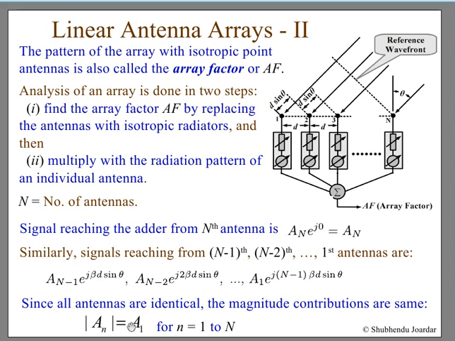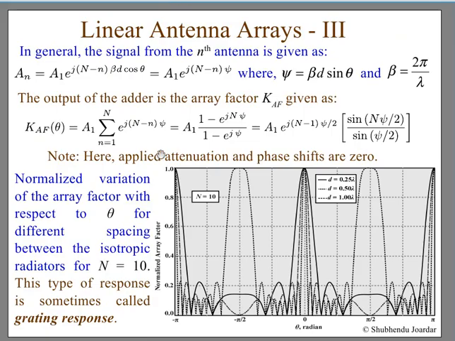And also we have assumed that the antennas are identical and the magnitude contributions are the same. So the magnitude of A_N is equal to A_1, where N stands for any antenna, from 1 to capital N. In general, the signal from the nth antenna is given by the same expression, and this term we are simplifying as psi, which is beta d sin theta. d is the distance between the antennas, and beta is equal to 2 pi by lambda, the wave number or propagation constant.